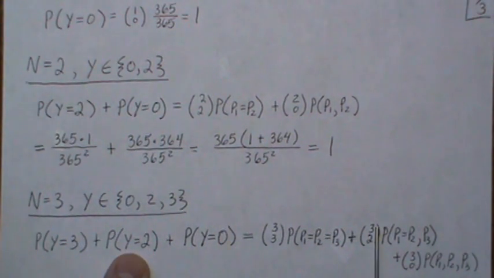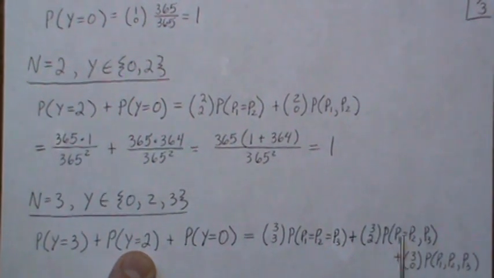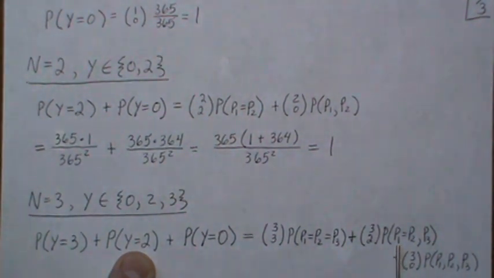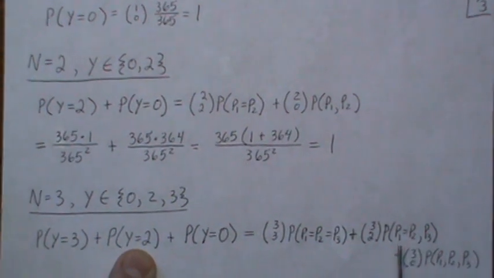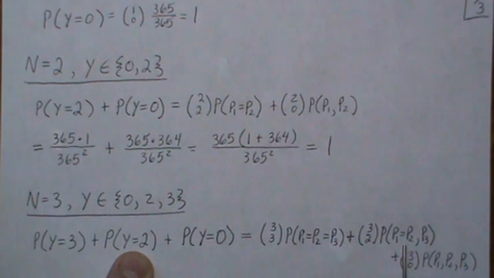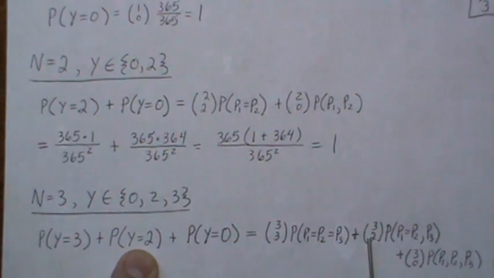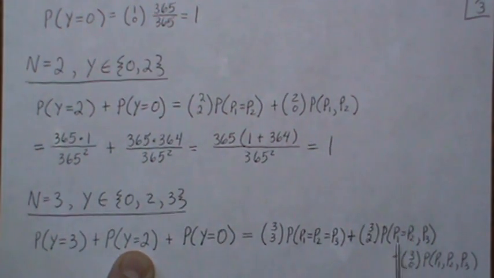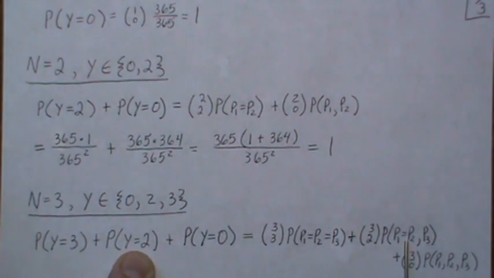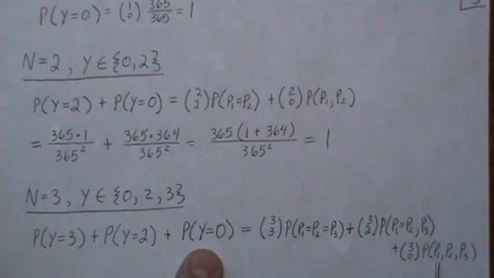Here, out of the 3 people, we want to pick 2 that we're going to match, and then this is a specific case. So since they're all equally likely, this is the probability of 1 case. So the probability that the first 2 people have the same birthday and the third one is different. And then this is the number of ways, since they're all independent, that it can happen. This one, out of the 3 people, pick 0 to match, and then to find the probability that they're different.